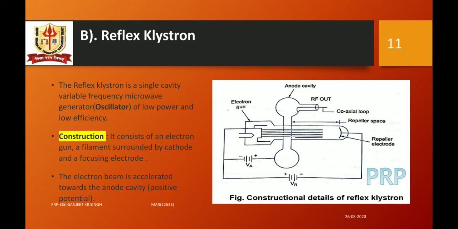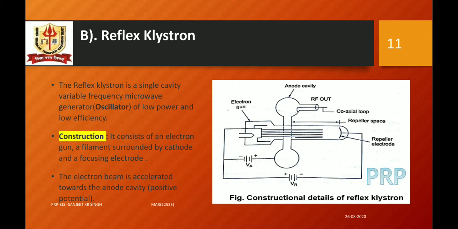And on the other side there is a repeller electrode that is negatively charged with a high DC voltage VR, and the space between the cavity gap and the repeller is called the repeller space, in which the electron beam returns back to the cavity.